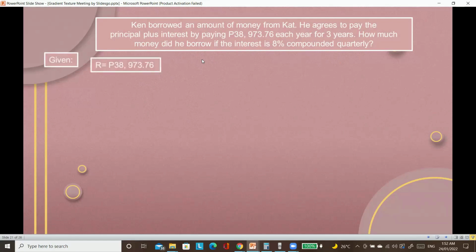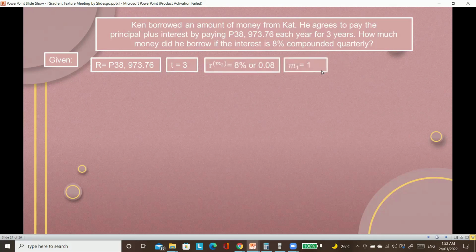Given: R is equals to 38,973 pesos and 76 centavos. Time natin ay 3 years. r natin ay 8% or 0.08. m sub 1 is 1, kasi each year daw, di ba?